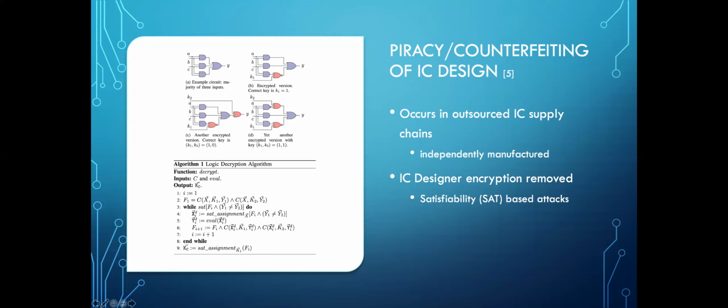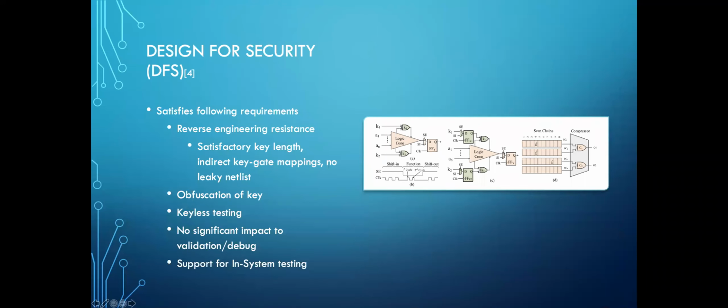But as you can imagine, algorithms like these have been developed to basically sidestep this. So this led to designs like this to be developed. These designs use scan chains to make it more difficult to figure out what the key bits are.